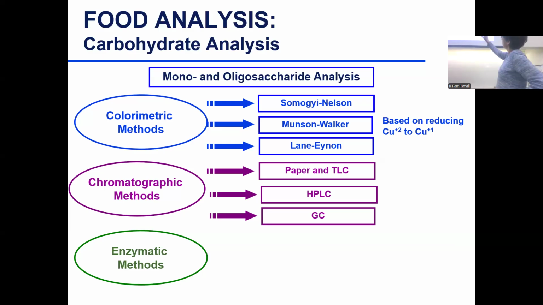Then we're going to talk about chromatographic methods, because you love chromatography so much. We spent six or seven lectures, I don't know how many, on chromatography. Now we're going to talk about the application of chromatography for mono-, di-, and oligosaccharide analysis. And then there are enzymatic methods. Enzymes are great, and they are used as analytical tools. I'm going to talk about that.